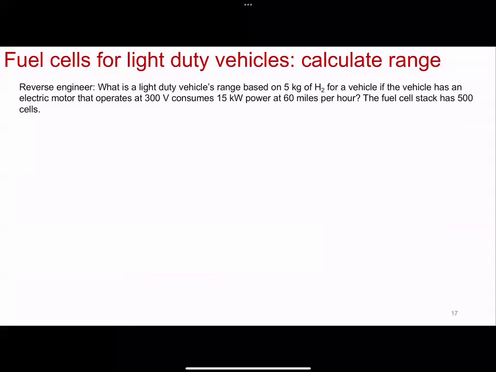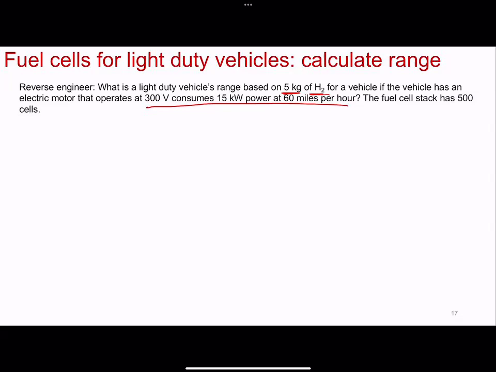Then the reverse engineering, the other side of the coin: the other question you can ask is, if I have the same rating, but now I have 5 kilograms of hydrogen, same electric motor. So you're going 60 miles an hour, using the same electric motor that's rated at 300 volt and draws 15 kilowatt of power, also still has 500 cells.